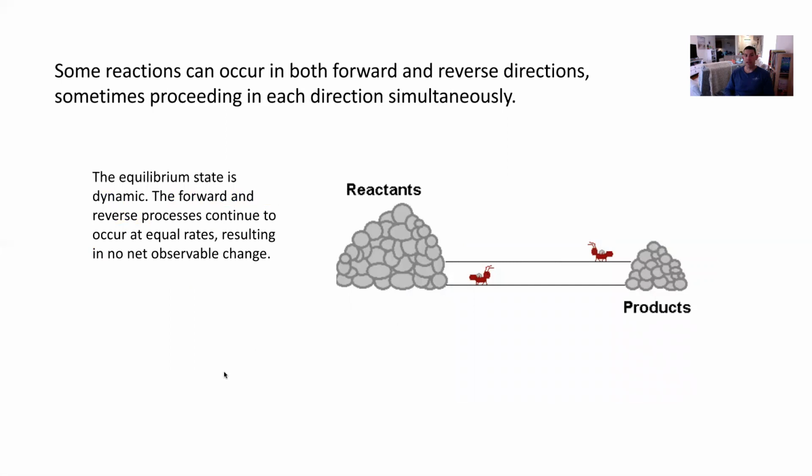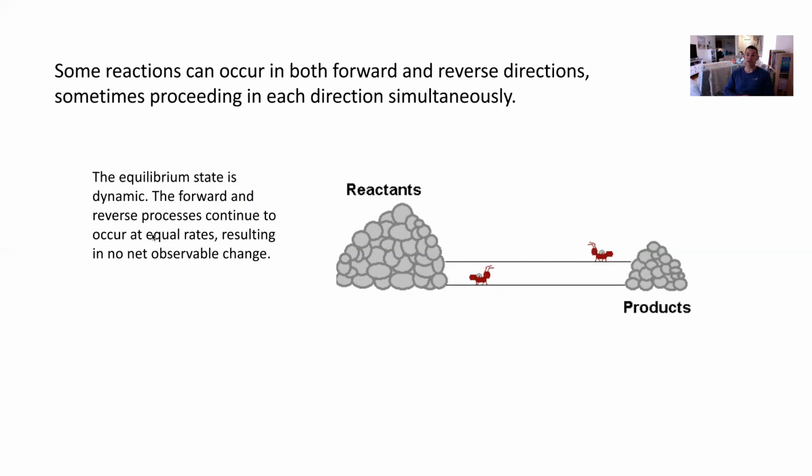So the equilibrium state is dynamic. It's going back and forth. Here's an example of two ants moving rocks between two piles. The size of the piles will not change because for every one rock that we lose, we gain one, right? It's like an even Stevens here. So we have to focus on the rates.